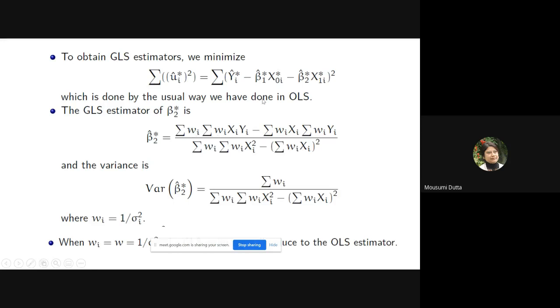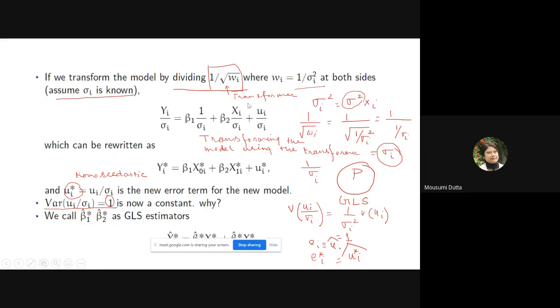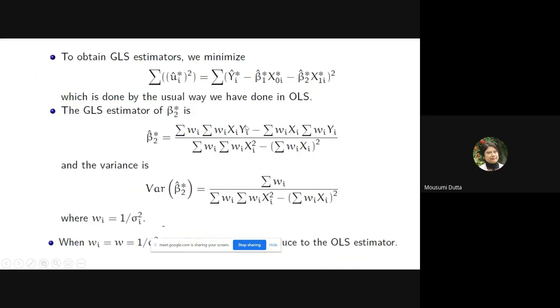You are getting the values in terms of star, and then I am replacing the star values, you know, considering finally the stars are equal to yi by sigma I, x naught 1, that is 1 upon sigma I, the second x value xi by sigma I, and presented the thing in terms of wi's. So it is your homework to check whether when you are going for GLS, you are getting this value of the estimator or not.